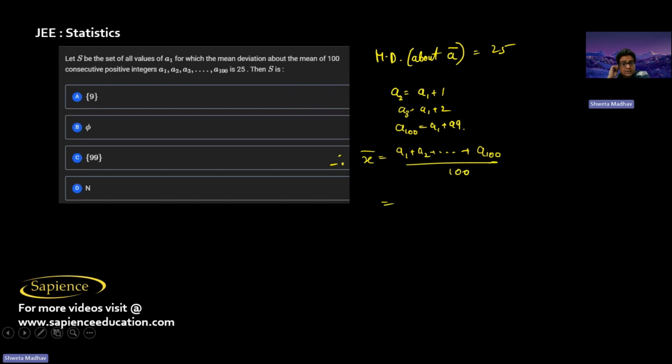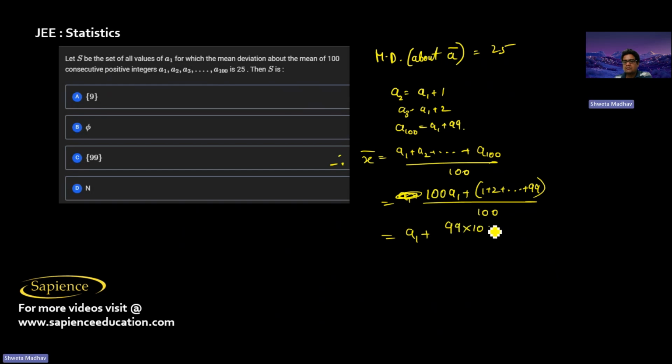This will be A1 plus n(n plus 1) by 2, that is 99 by 2 times, over 100. So this is A1 plus 49.5, which is X bar.